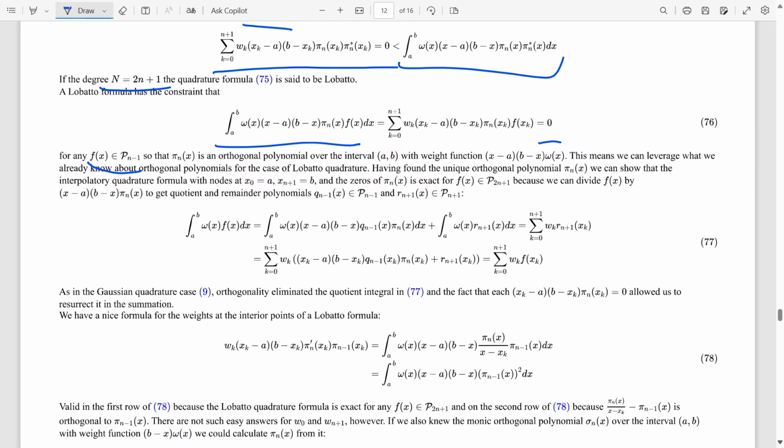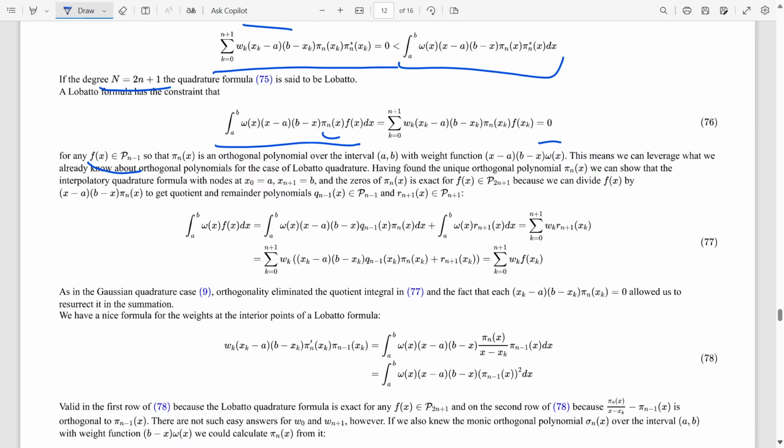So that means that pi n of x is an orthogonal polynomial over the open interval from a to b with weight function omega of x, x minus a, b minus x. We know there is a unique monic orthogonal polynomial, pi n of x, and zeros are real, simple, and lie within the open interval from a to b.